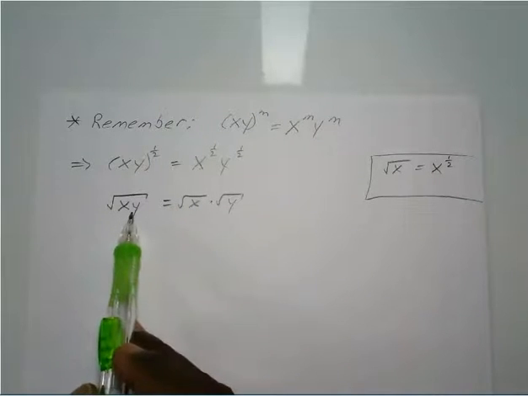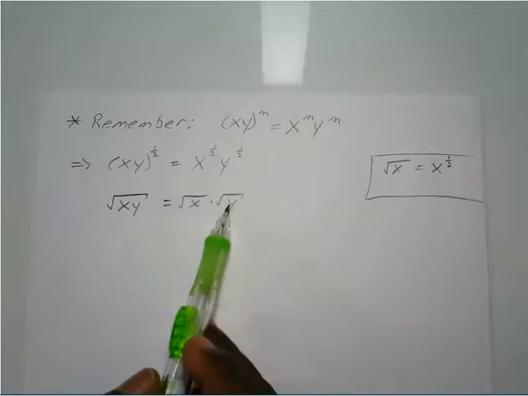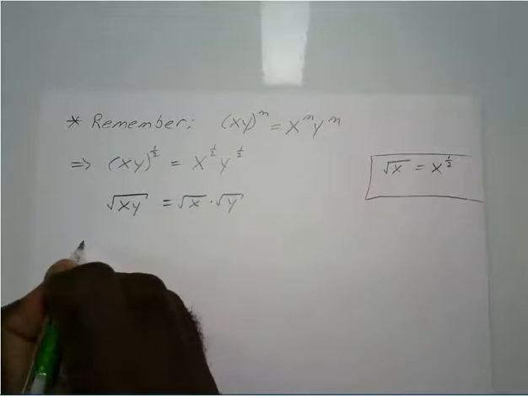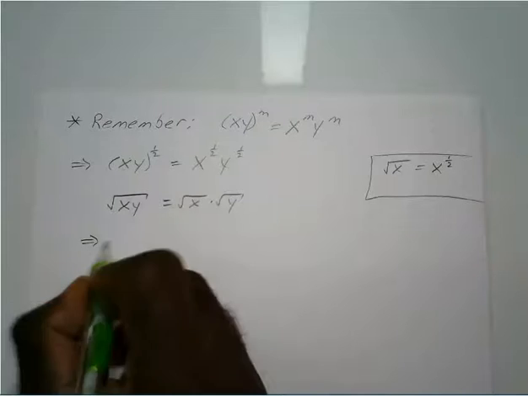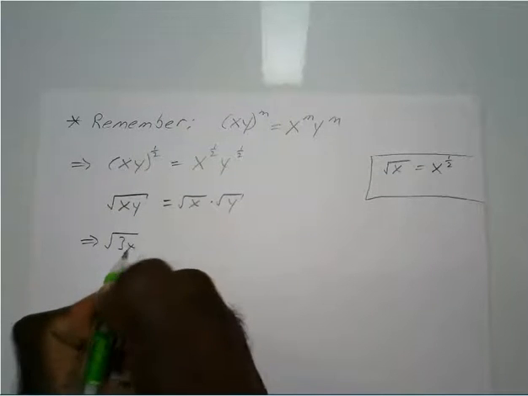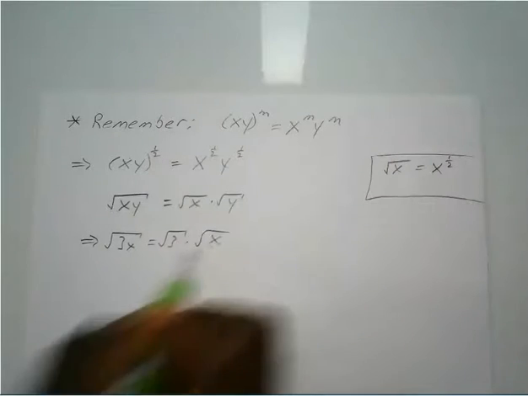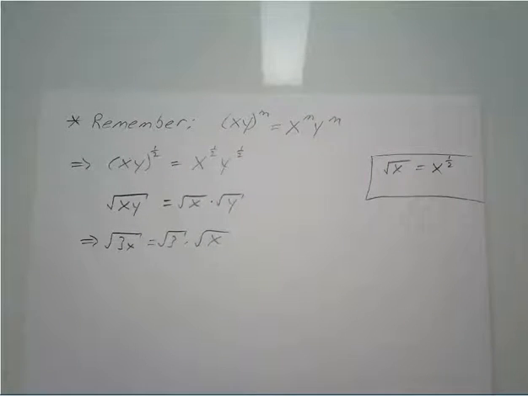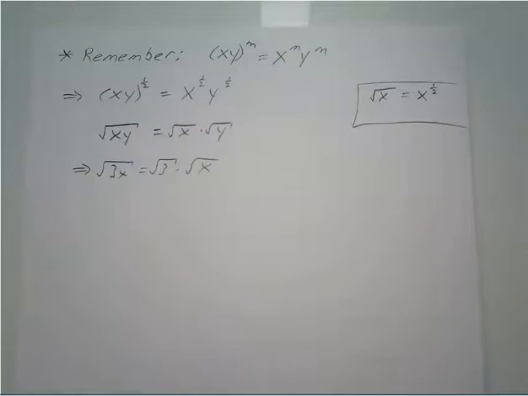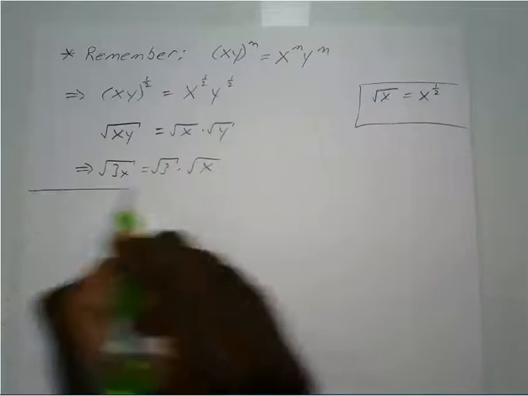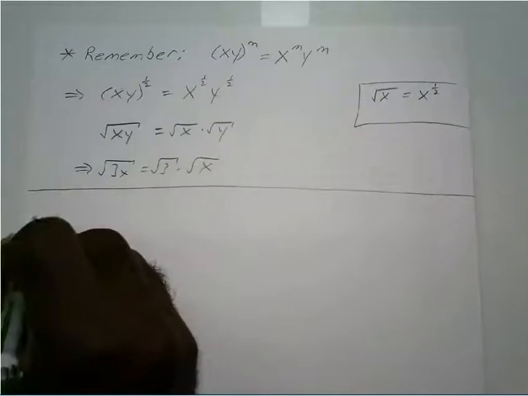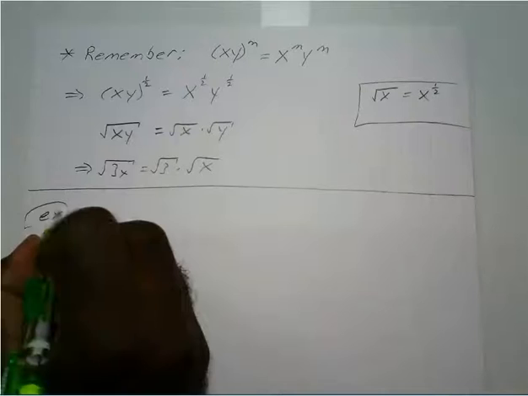Okay, so square root of x times y is just equal to the square root of x times square root of y, which means square root of 3x is just square root of 3 times square root of x. Okay, so that was in our last video. Just wanted to give you a little bit of a refresher, because that will be very important.